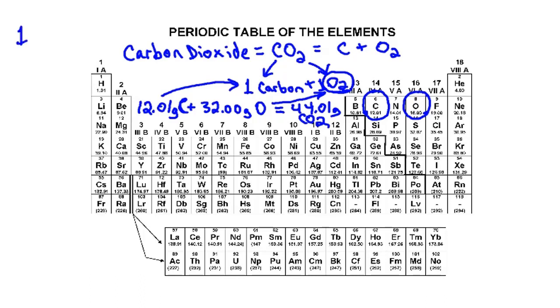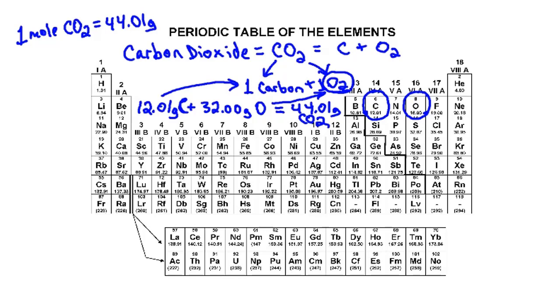So 1 mole of CO2 is going to equal a total of 44.01 grams of a combination of carbon and oxygen. So this is the total grams.